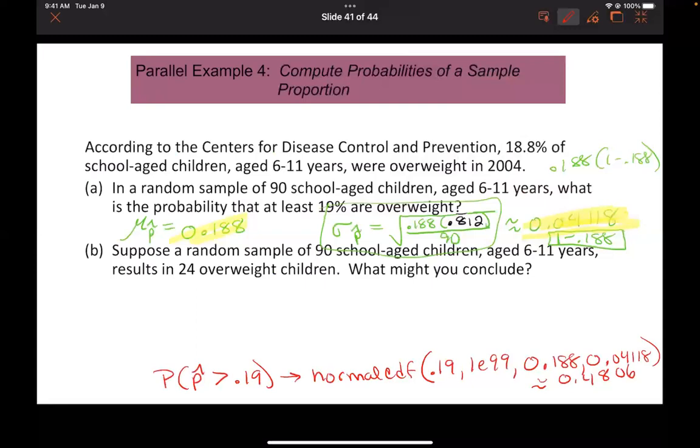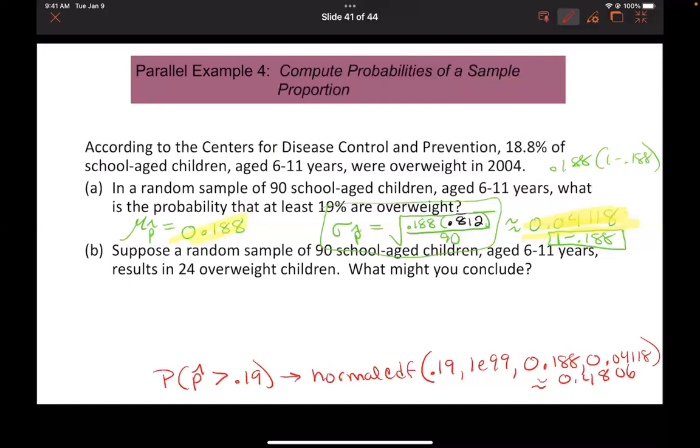Y'all get about 0.4806. I'm giving you guys so much normal CDF practice that it's just going to be ingrained in your brains. So question B, 0.4981? Yeah, you got 0.4981.